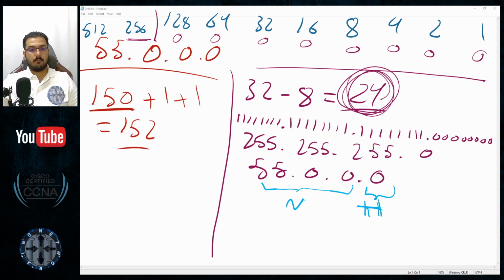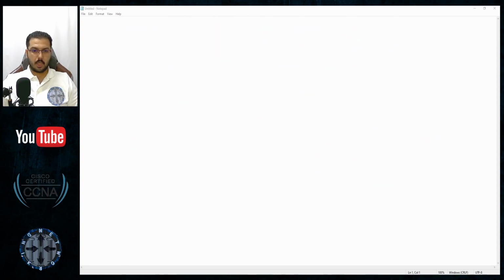Okay, example number 3 today will be the network of 2.0.0.0, and the number of employees was 1,800.